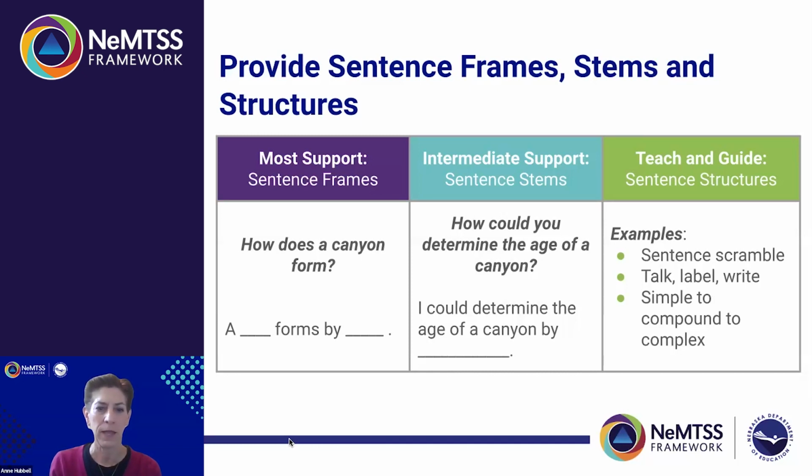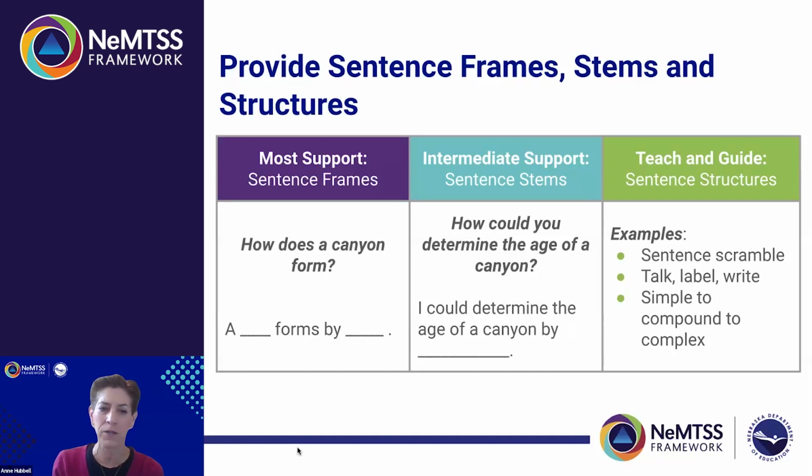Task 3 asks students to move from a simple sentence, for example, the Grand Canyon is beautiful, to a compound sentence. The Grand Canyon is beautiful and many people travel there. To a complex sentence. Many people visit the Grand Canyon every year because it is one of the most beautiful places in the United States.